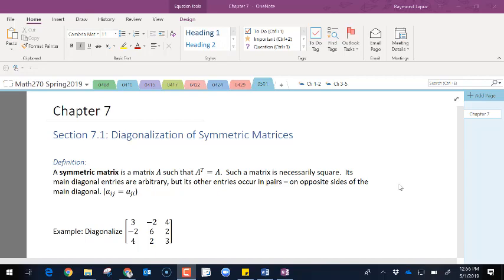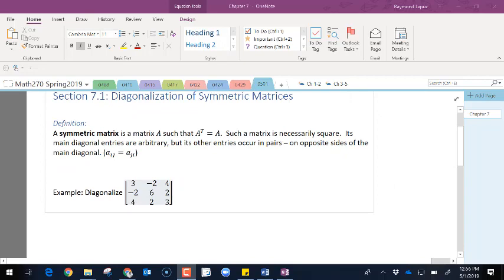We're going to restrict our study now to just square matrices that are symmetric. Its main diagonal can be whatever, but what's important is that if you fold this matrix along the diagonal, your numbers are going to match. That means your ijth term is the same as the jith term. So here's an example of a symmetric matrix.